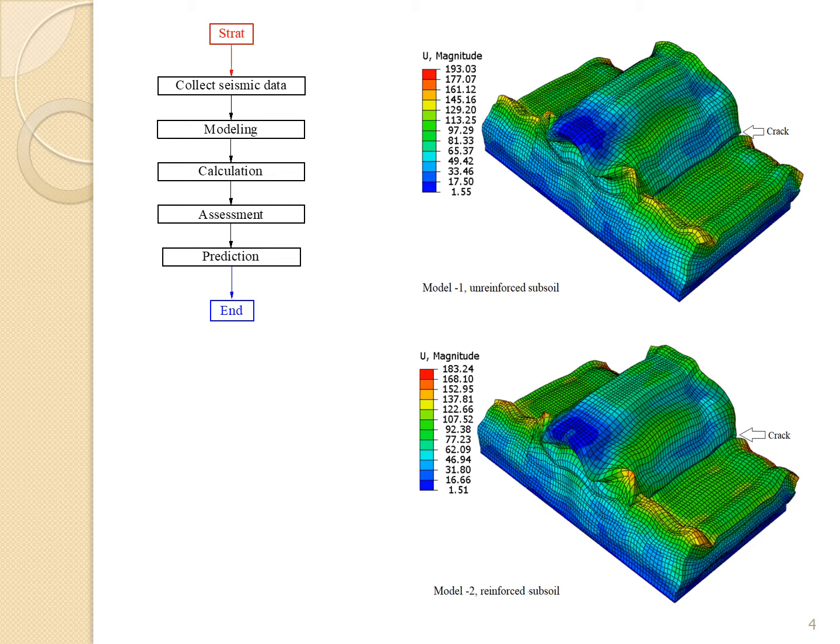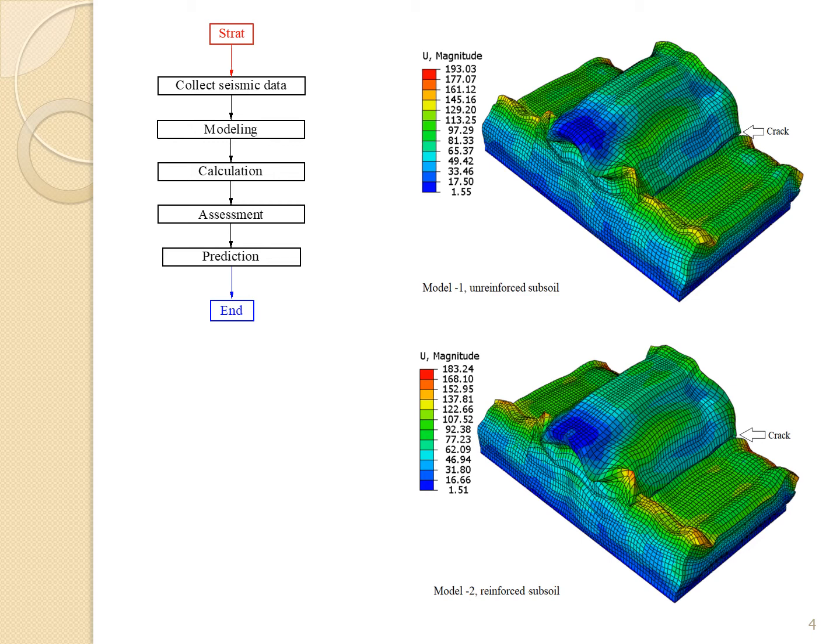We have two models here, reinforced and unreinforced subsoil, and calculation of displacement and strain using our software, then assessment of the result. And after assessment, prediction of the future response of the embankment and subsoil for the design of this structure.